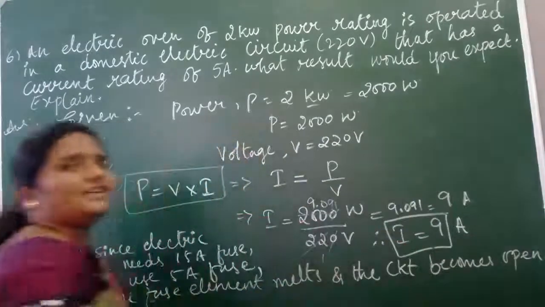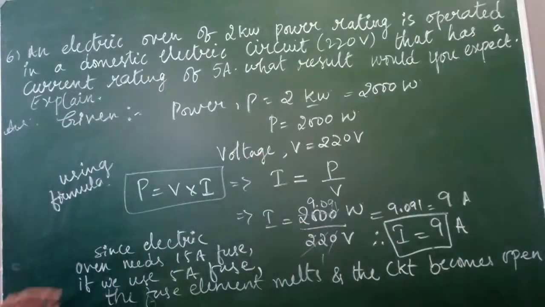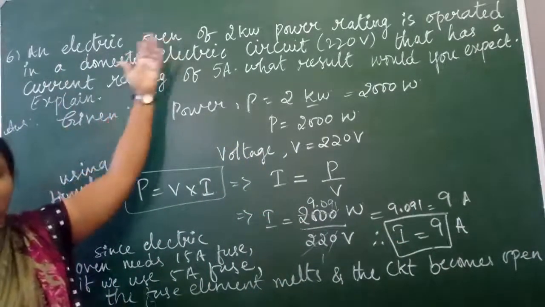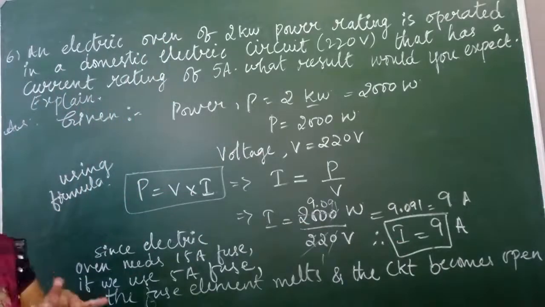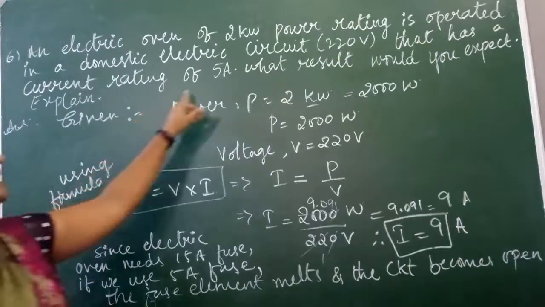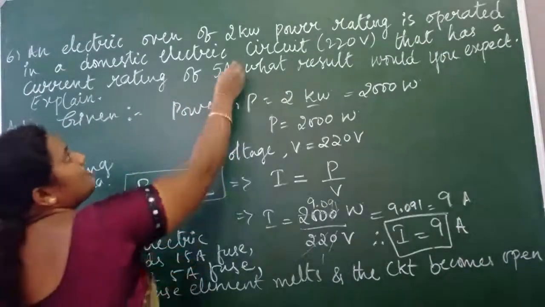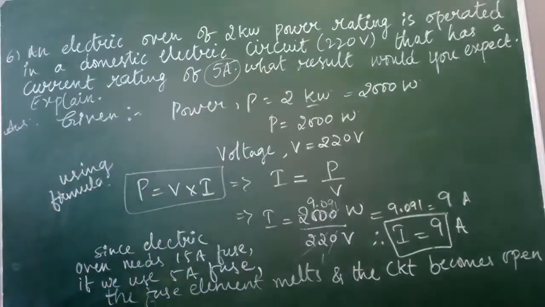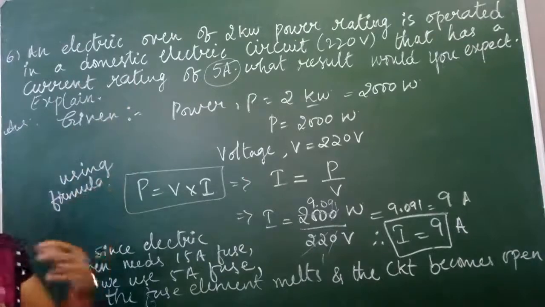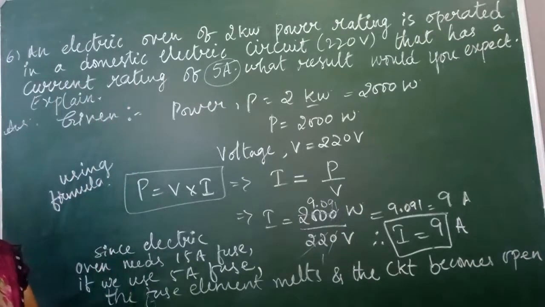So this is the situation. So generally higher electrical power rating devices should be connected to a 15 amperes fuse. So what mistake did they make? They have used here 5 amperes. So instead of this 5 amperes fuse, they need to use a 15 amperes fuse. Then this electric oven will run smoothly.